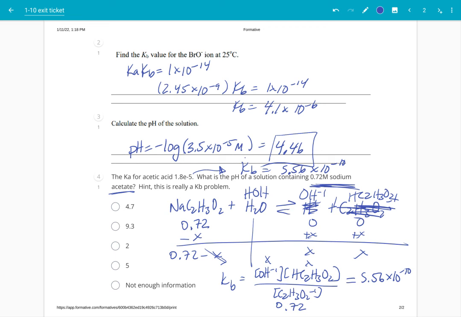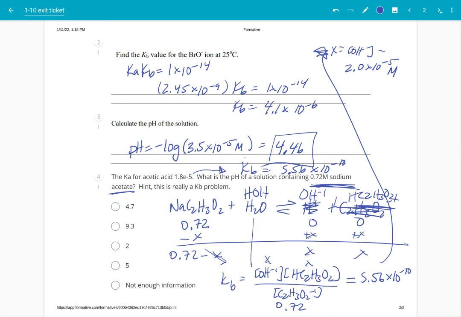So, given this information, I can solve for the OH minus concentration. So I'm taking my Kb times that 0.72, take the square root. So I find X, which is equal to the hydroxide, which is equal to 2.0 times 10 to the negative 5 molar.